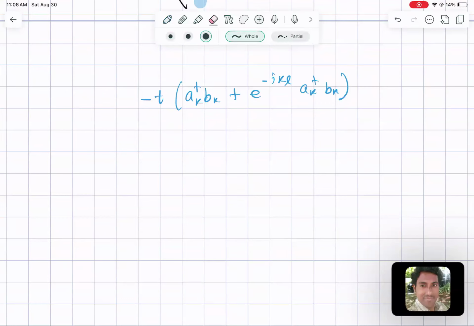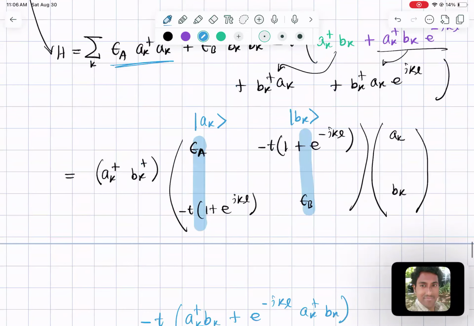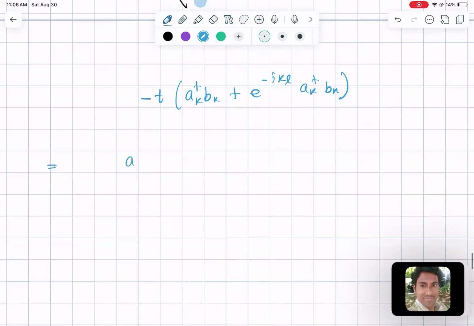If we take a dagger to the left and B dagger to the right, then you have B_k to the right.